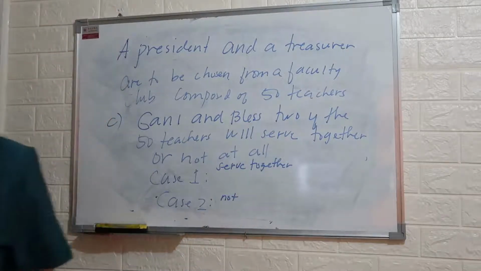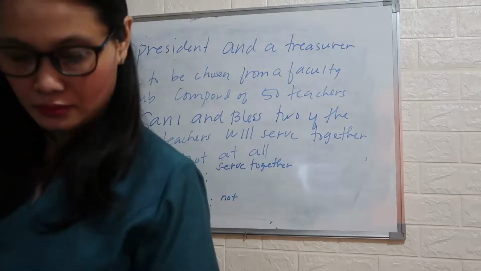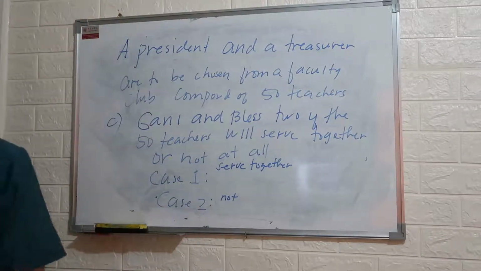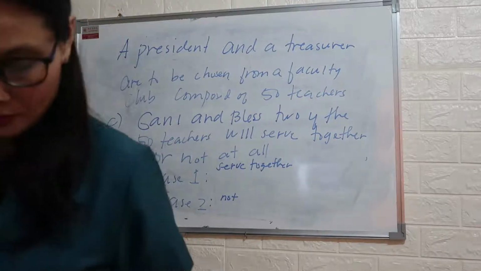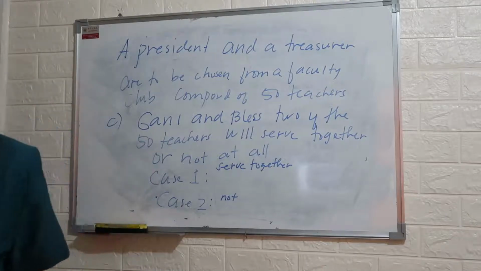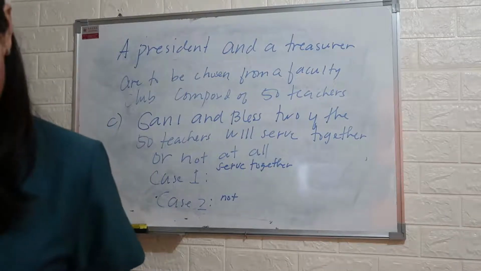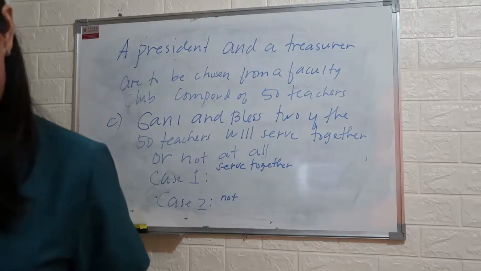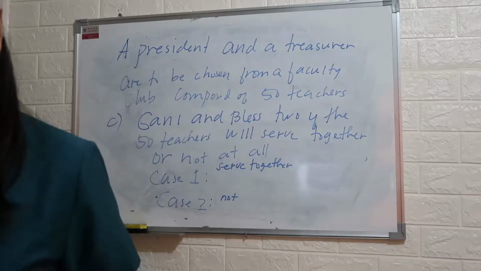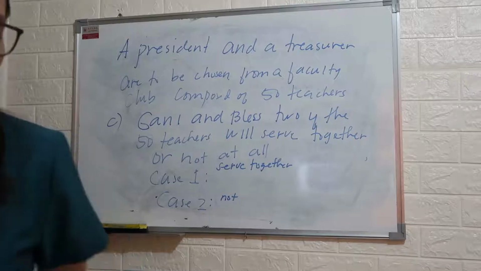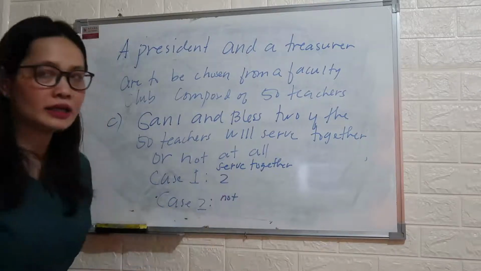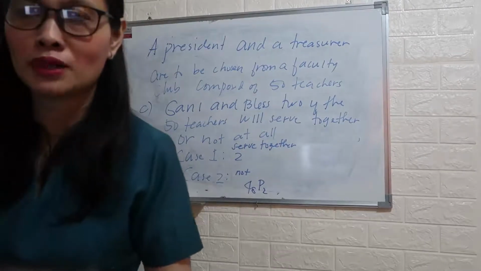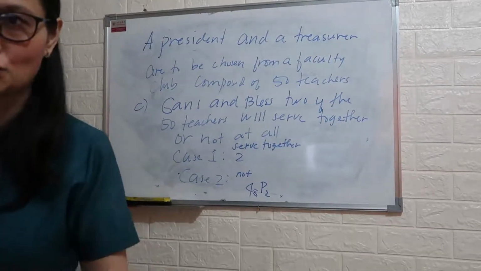What will be your case 1? Serve together. Na-occupy na ni Gani tsaka ni Leslie. So what will be? 2. Okay, 2. Very good. Hindi sila mag-serve pag hindi sila yung president and treasurer.